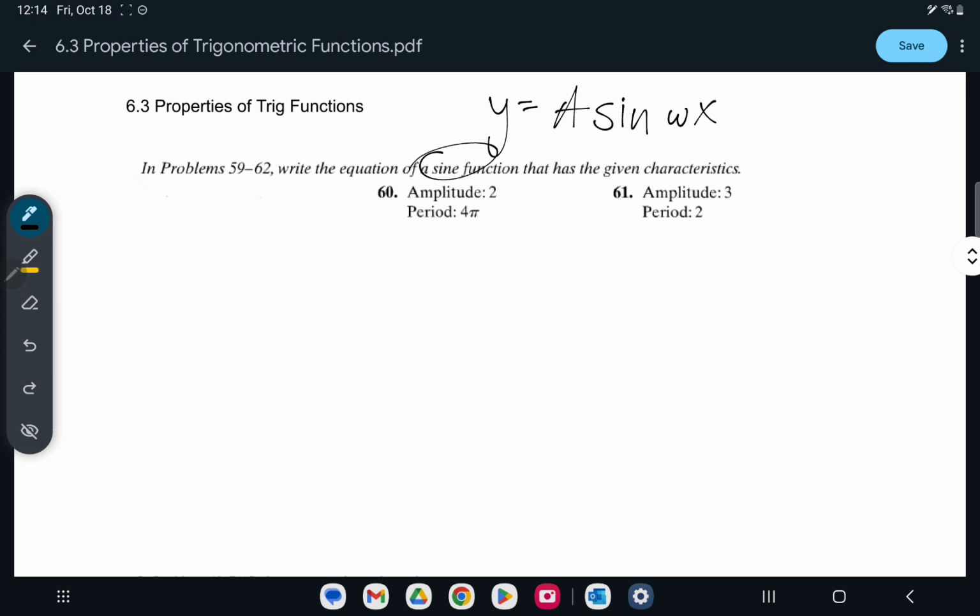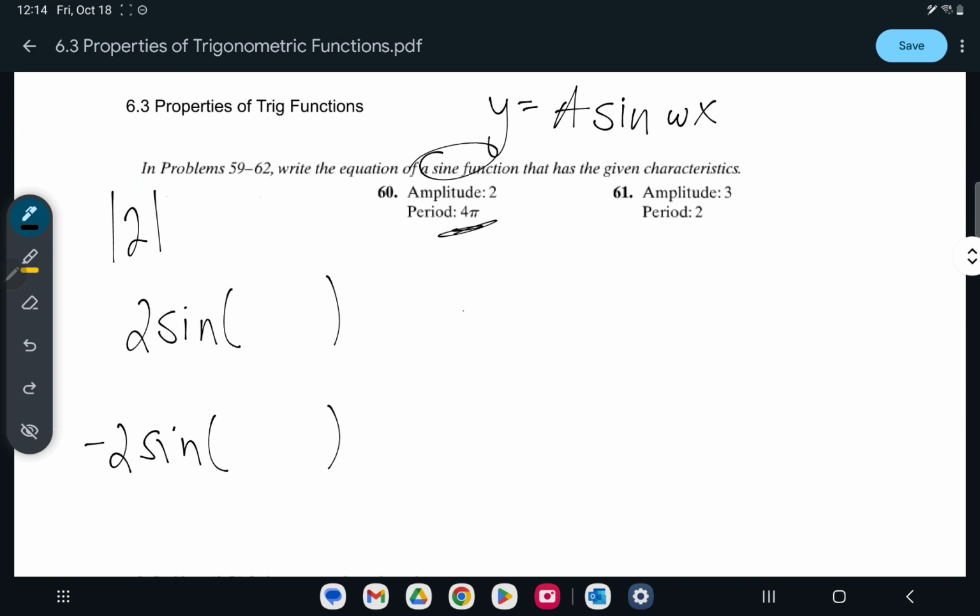The amplitude is 2. Really, the amplitude is the absolute value of A, so it could be 2 sine, or it could be negative 2 sine. Our period is 4 pi. So the period formula, 2 pi over the absolute value of omega, is 4 pi.